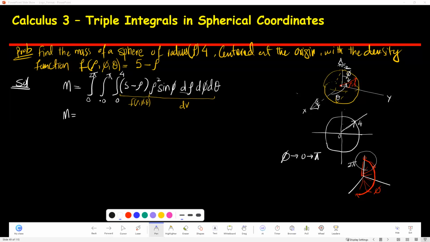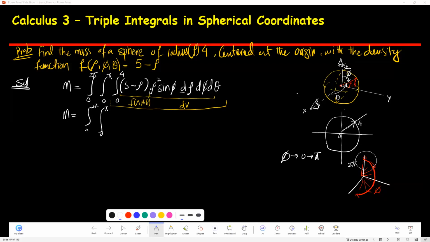So the first integral I'm going to be taking is the integral for this guy. Okay, let's take a look. 0 to 2 pi is going to stay there as is. 0 to pi is going to stay there as is.